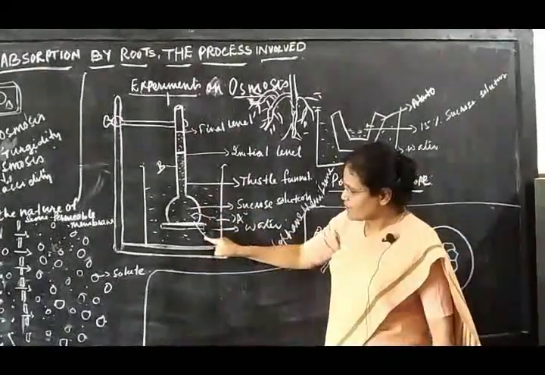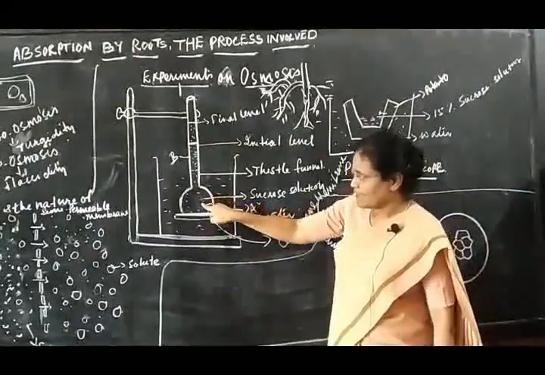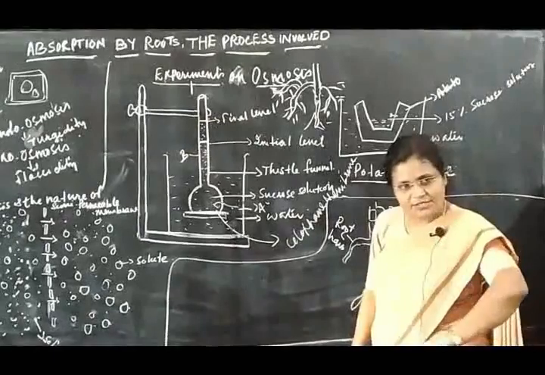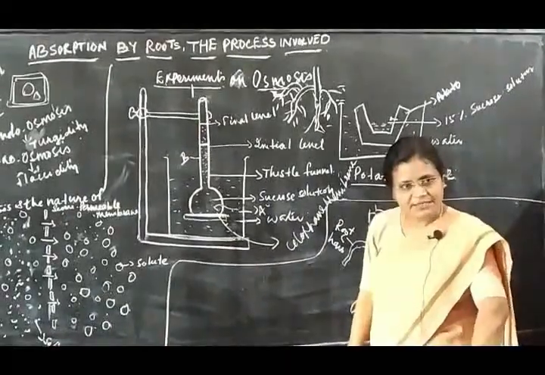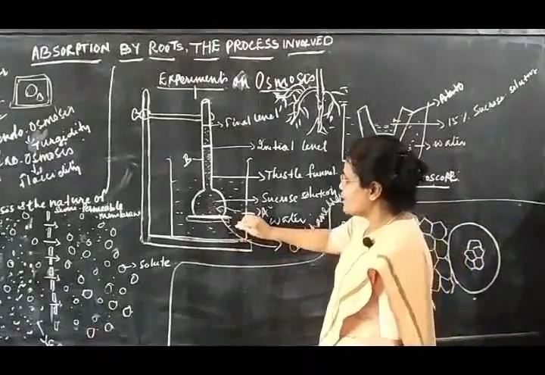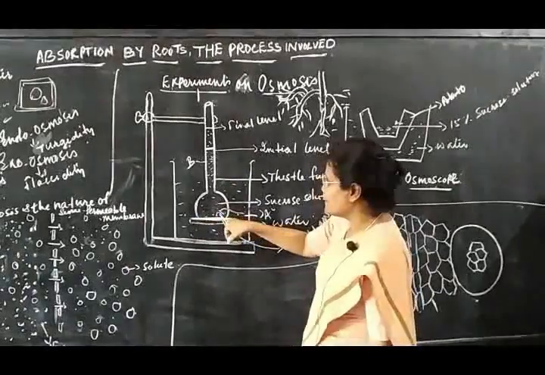So, the movement of water molecule from A goes to B, because the definition is movement of water molecule from the region of high concentration, where there is more water, to the region where there is less water. So automatically the water is moving towards the thistle funnel through this semi-permeable membrane.